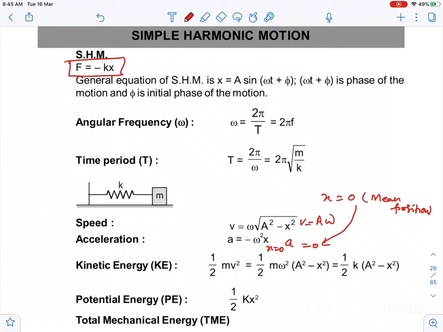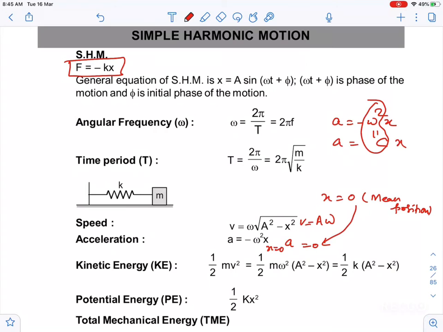So now the most important thing is the time period calculation. Suppose, guys, you have written acceleration as minus omega square x. You can compare this with any expression where a is some constant into x.